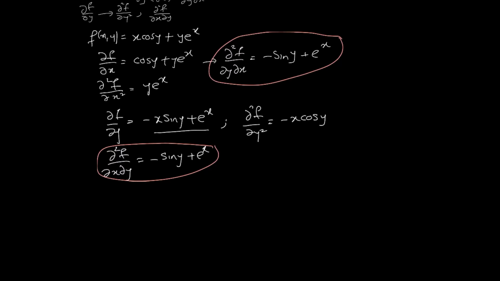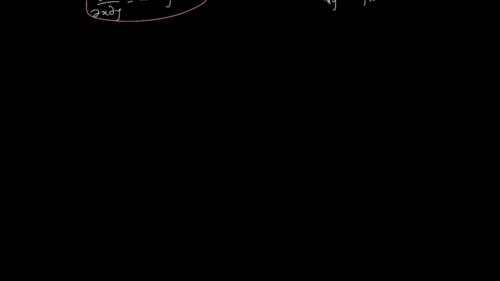So basically what it's saying is that f_xy is equal to f_yx if f is a continuous function and has continuous partial derivatives up to the second order.